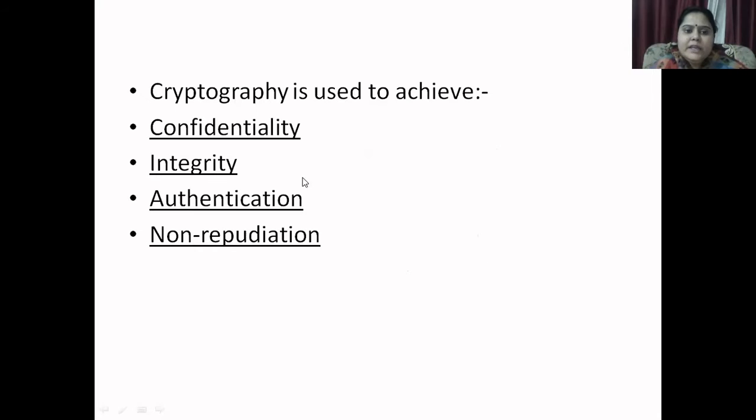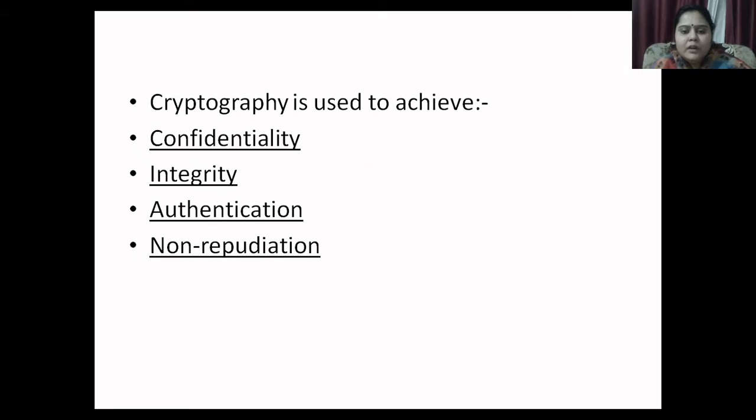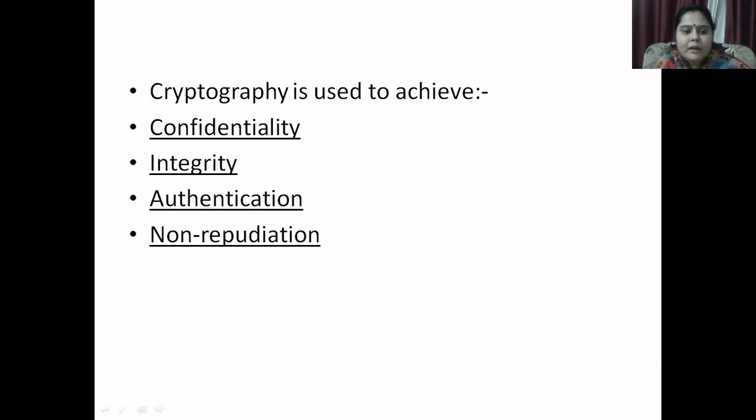Next, now see, cryptography is used to achieve the following: confidentiality, integrity, authentication, non-repudiation. Now see, what is confidentiality? Confidentiality: only authorized persons can access information. Next is integrity.